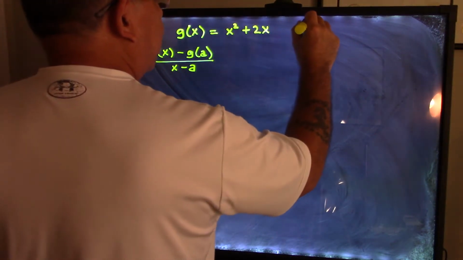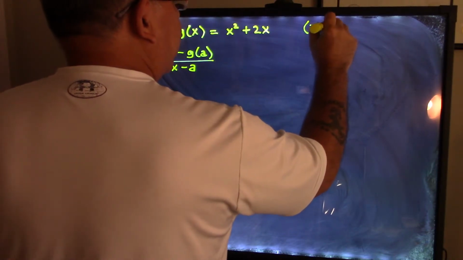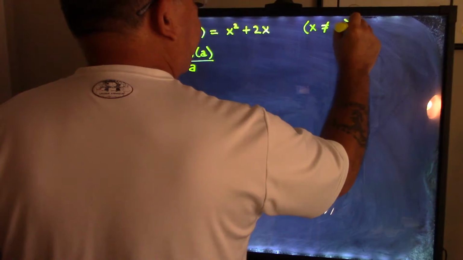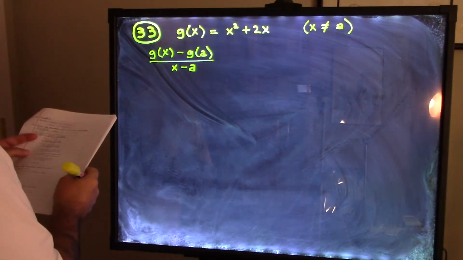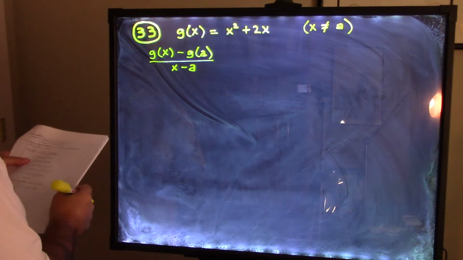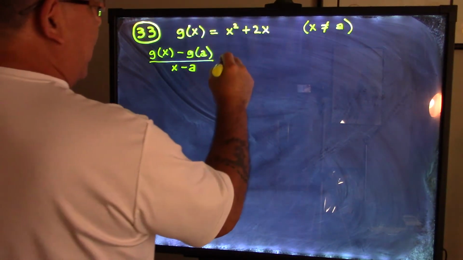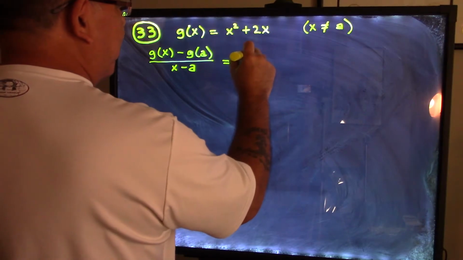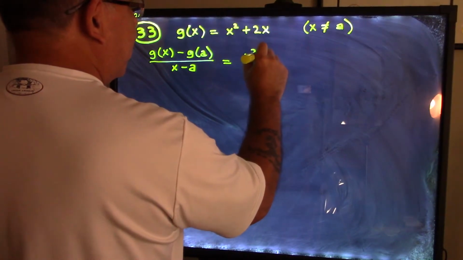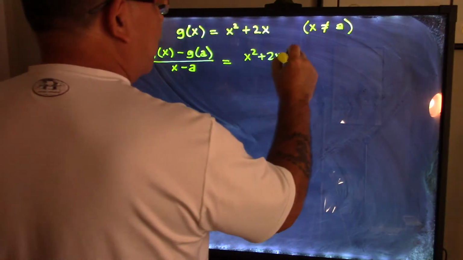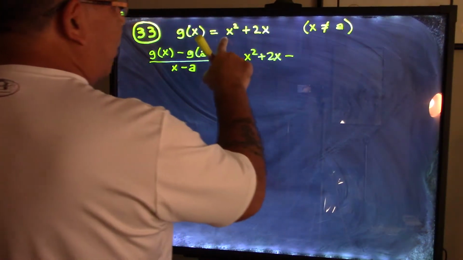And x is not equal to a. So we have g of x first, so we write that down in the numerator, x squared plus 2x. Then you subtract g of a, so put minus, and then the whole g of a.